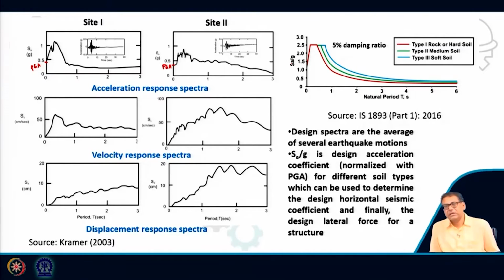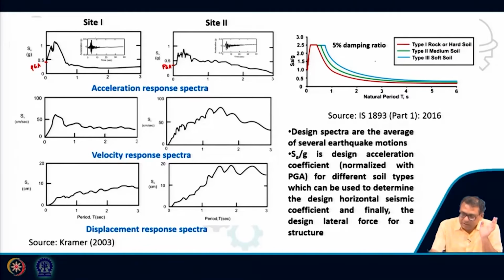As I mentioned, at t equal to 0, your spectral acceleration is equal to PGA. Now, if you normalize it with respect to PGA, then at the starting point the value will definitely be 1. So, you can see that at the starting point this value is 1.